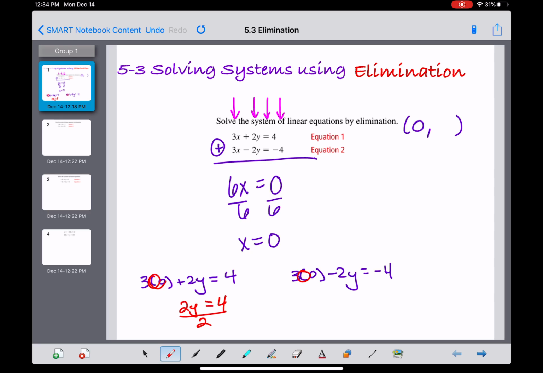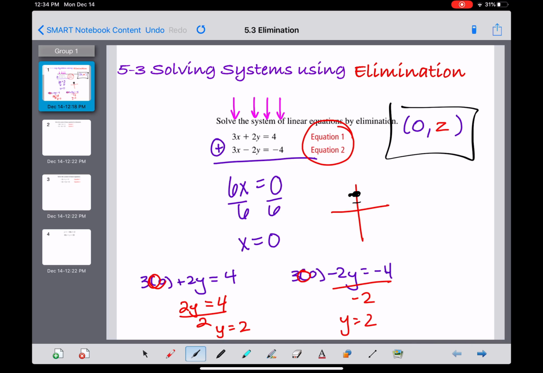Once I divide out by 2, I get that y's value is 2. Same thing, once I divide out by -2, I get y's value is 2. I just showed it 2 different ways. So that means if I were to graph both of these equations onto the coordinate plane, it would cross at 0, 2. This coordinate still represents the point of intersection for the lines.